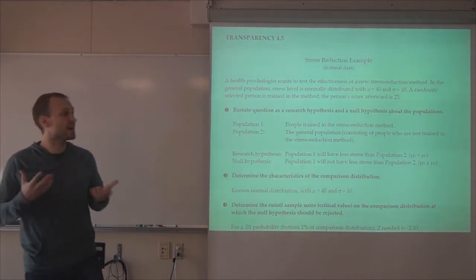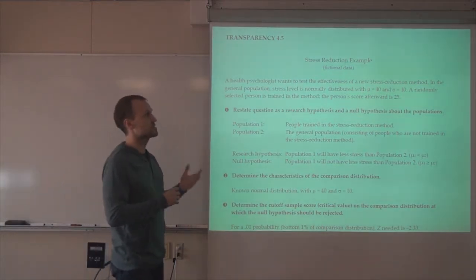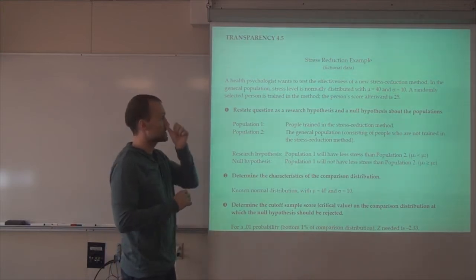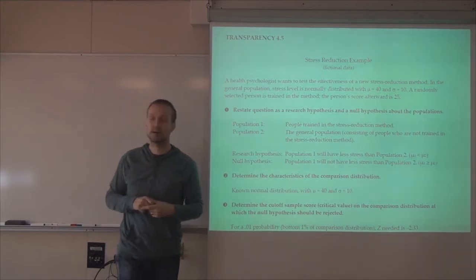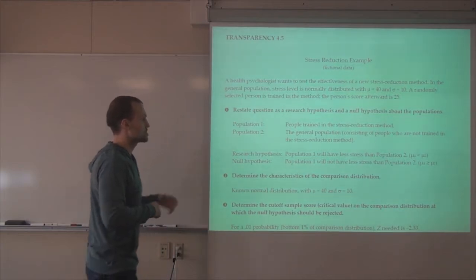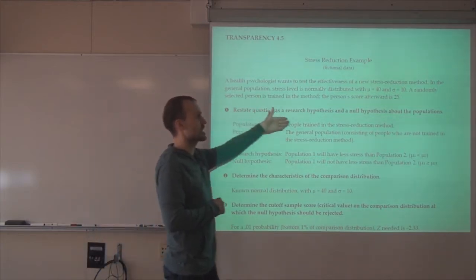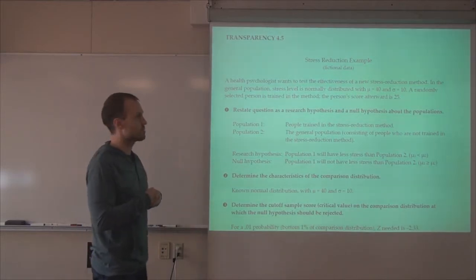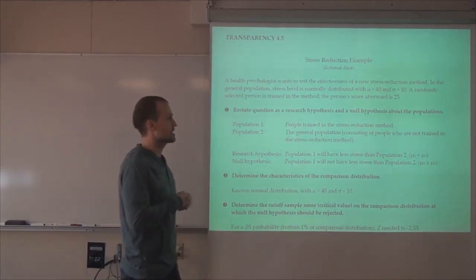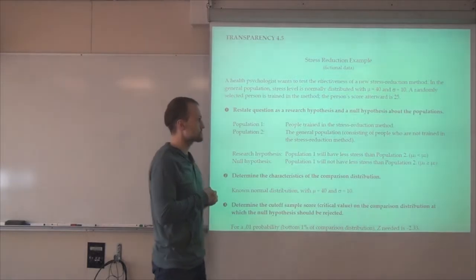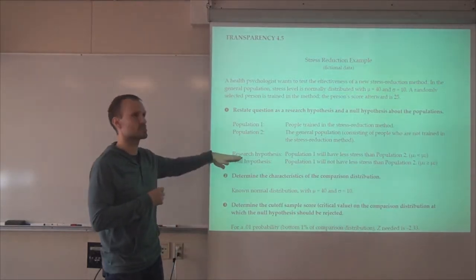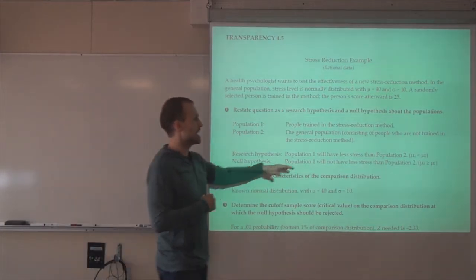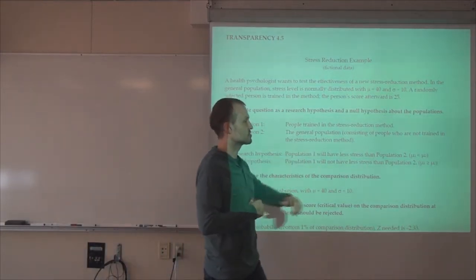Is it extreme enough to say that this is significant evidence to suggest that the stress reduction method is effective? So our population 1 is the people trained in the method. Population 2 is our original population without any training or effect. With my research hypothesis, I'm hoping that population 1 will have reduced stress.